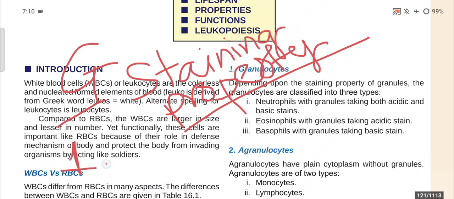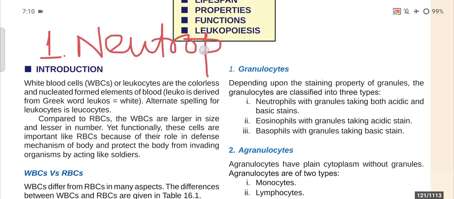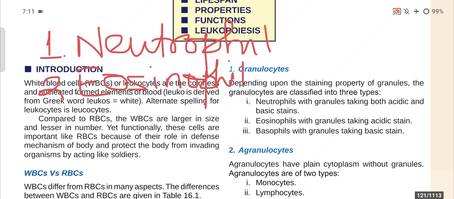The granulocytes are classified into three types. The first one, that is neutrophil. The second one, eosinophil. The third one, basophil.